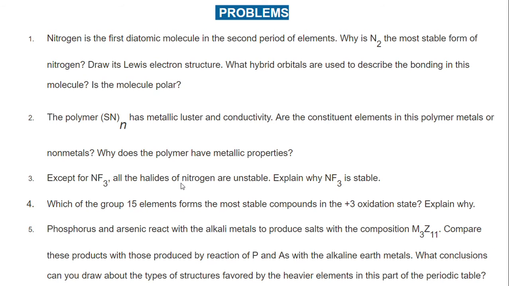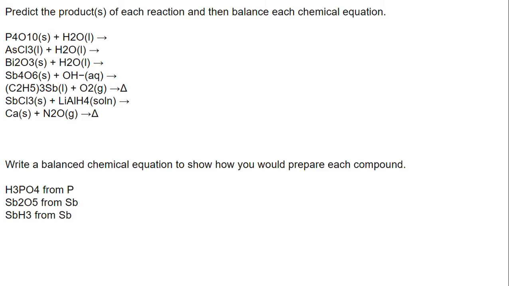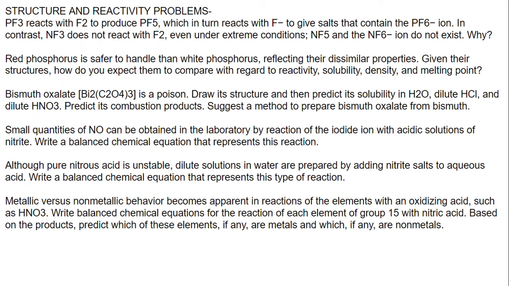Then some of the problems related to nitrogen and phosphorus are given in this sheet, and again the completing chemical equations and their balanced chemical equations are given in the last. Their solutions are given. Then structure and reactivity problems.